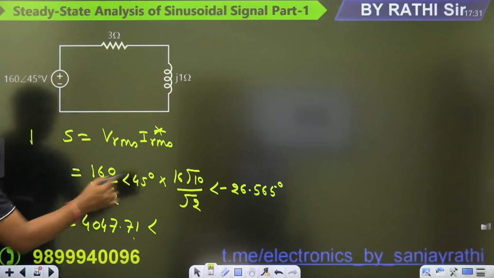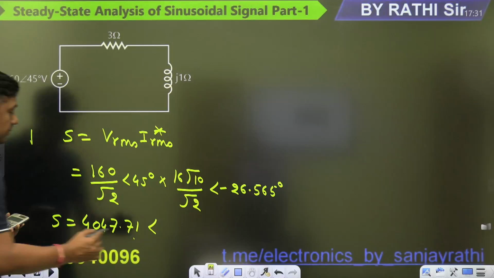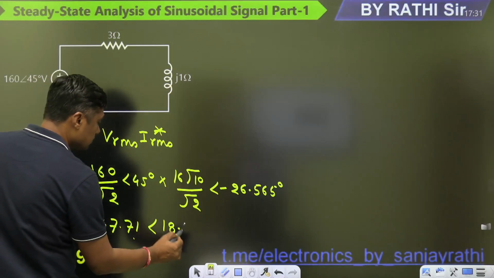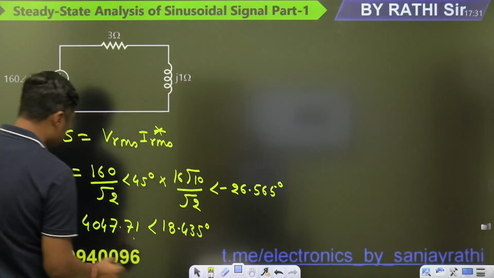Angle: add this to 18.435. This is called complex power.